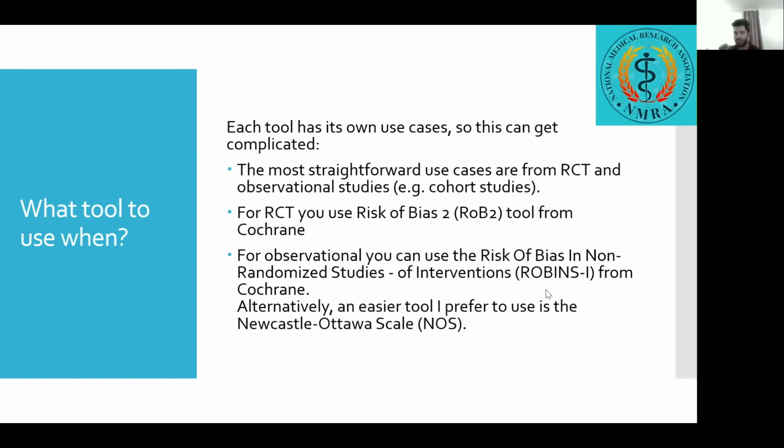But the most obvious use cases you're going to find are RCTs and observational studies. RCTs are the most heavily studied. They have probably the most robust tool as well, the most popular and commonly used, which is the Risk of Bias 2 tool from the Cochrane group.